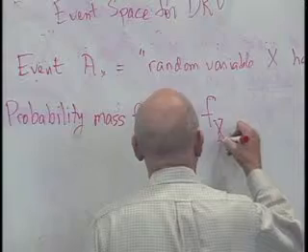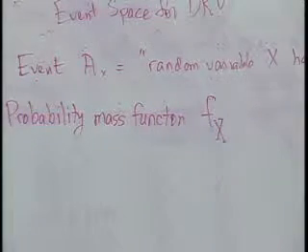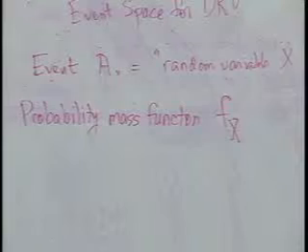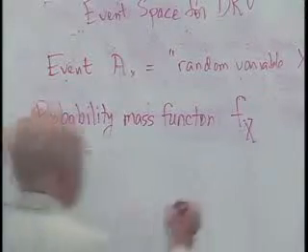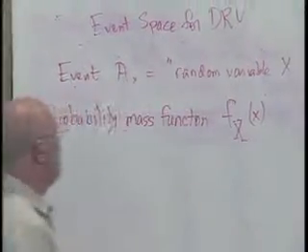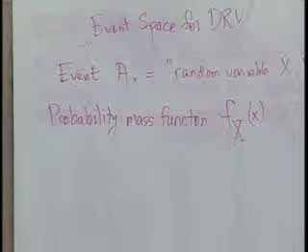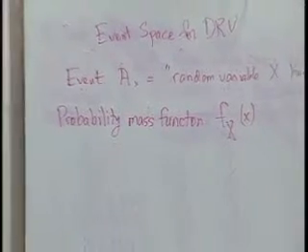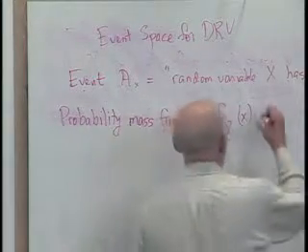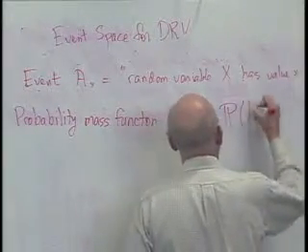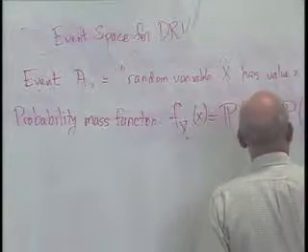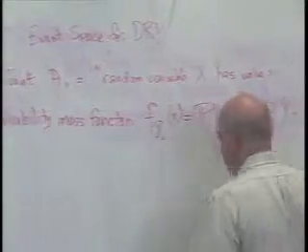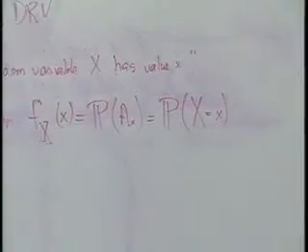It is usually subscripted by the random variable to which it applies, though on occasion, if there's only one random variable kicking around, this subscript will be left off. It has one argument, which is the value that might be assumed by that random variable. And this is, by definition, the probability of the event A sub x, or the probability that the random variable X assumes the value little x.